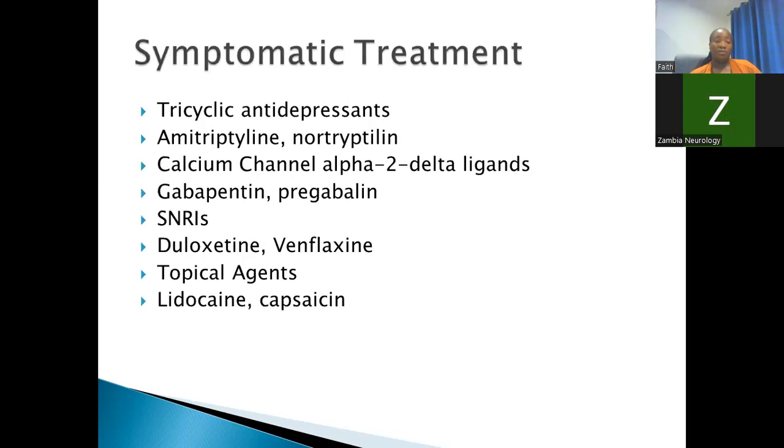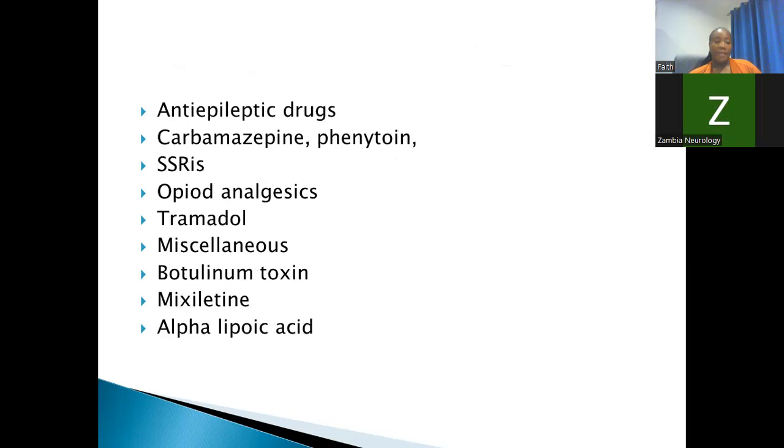There's a variety of drugs that are used for symptomatic treatment of peripheral neuropathy, and mostly, even in our setting, we tend to use tricyclic antidepressants such as amitriptyline. We also have calcium channel alpha-2 delta ligands like gabapentin and pregabalin. We can also have serotonin receptor inhibitors like venlafaxine, as well as some topical agents that other people can get, including lidocaine.